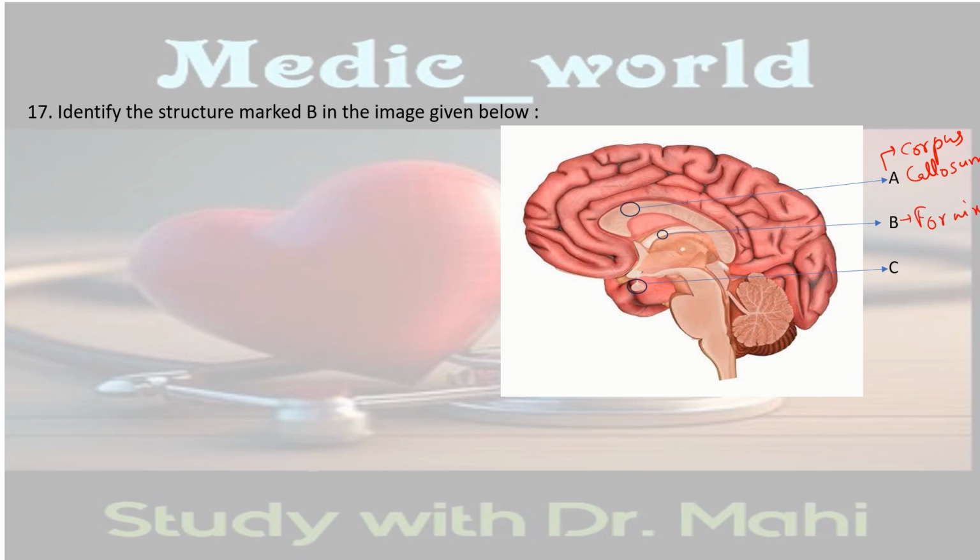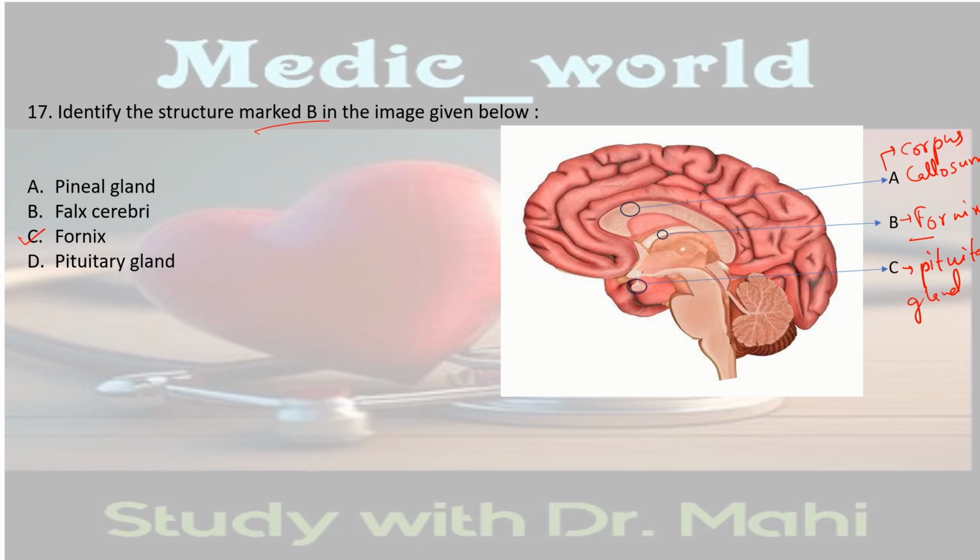And the structure marked C, here this structure is the pituitary gland. So the structure marked B is the fornix. So the answer to this question is option C, that is fornix. Now the next question.